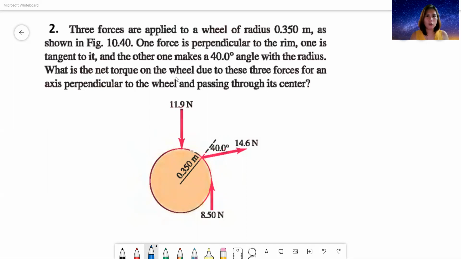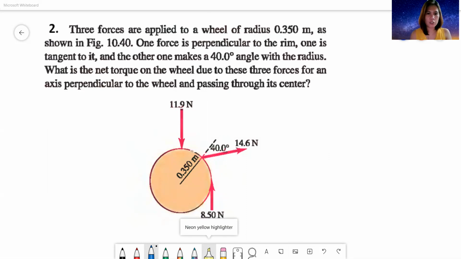What is the net torque on the wheel due to these three forces for an axis perpendicular to the wheel and passing through its center? So the axis of rotation for a wheel is obviously at its geometric center.